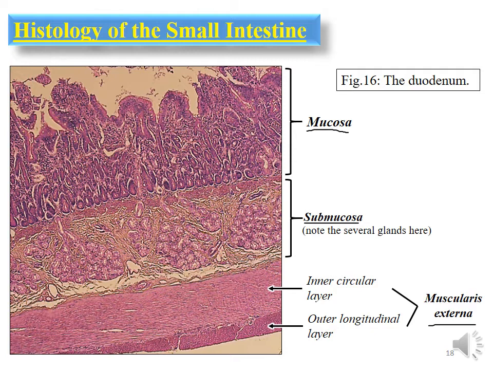The characteristic feature that makes us easily identify the duodenum is that in the submucosa we have several glands. All these are glands, mucus secreting Brunner glands, found in the submucosa of the duodenum. For the muscularis externa, we have an inner circular and an outer longitudinal muscle layer.